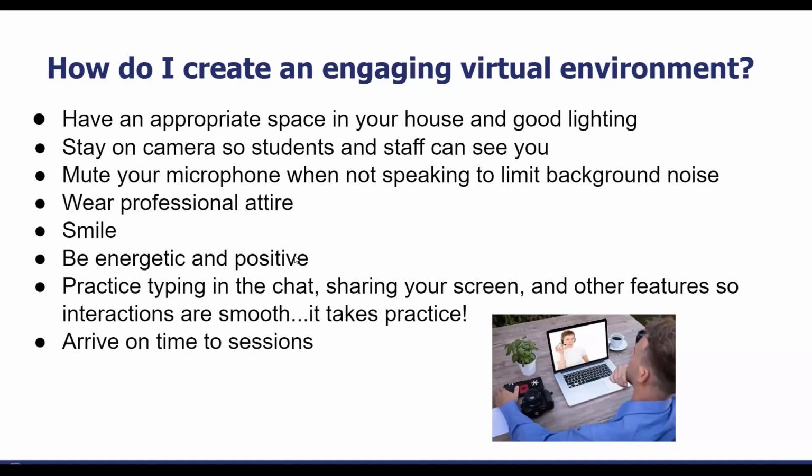Especially for our students, they need to be able to see you clearly. Some of our students have vision issues, so it's important to have good lighting so they can recognize you. I said in the other session that it was great when my son's aide was able to get on and he was able to see her; he was very, very excited about that.